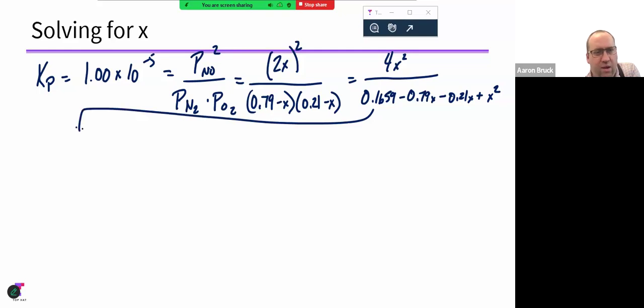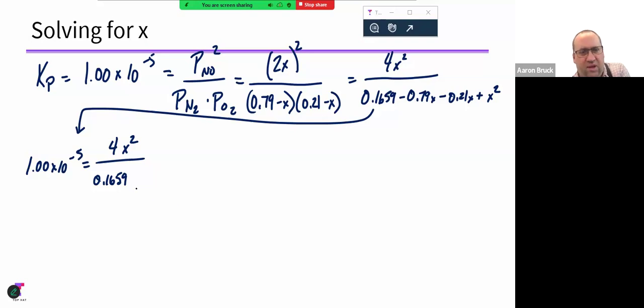So rewriting, 1 times 10 to the negative fifth is equal to 4x squared over 0.1659. Combining these two x terms, we get negative 1, so negative 1x plus x squared.